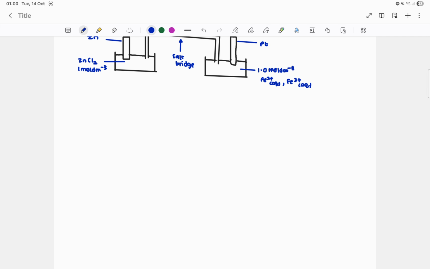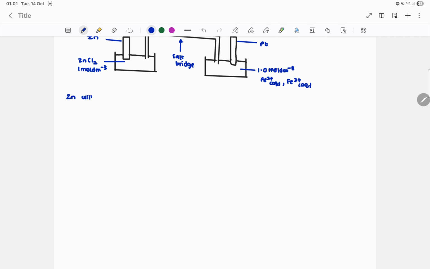Students, let's say now you know the electrochemical series. From the electrochemical series, zinc will be above iron, Fe2+ and Fe3+.